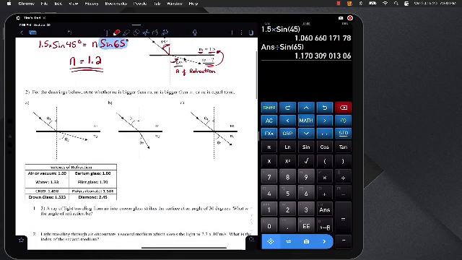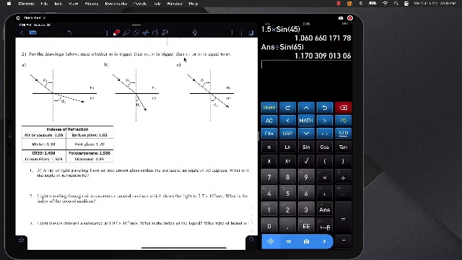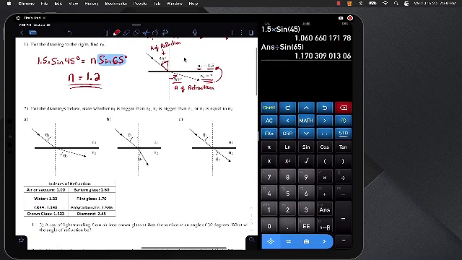So let's go on to the next one down here. It says, for the drawings below, state whether N1 is bigger than N2, or if they're equal. Remember, from the top one, I see that the angle of incident is 45 degrees. The angle of refraction bent away from the normal. So that told me I was going from something that is going to be more dense to something that is less dense.